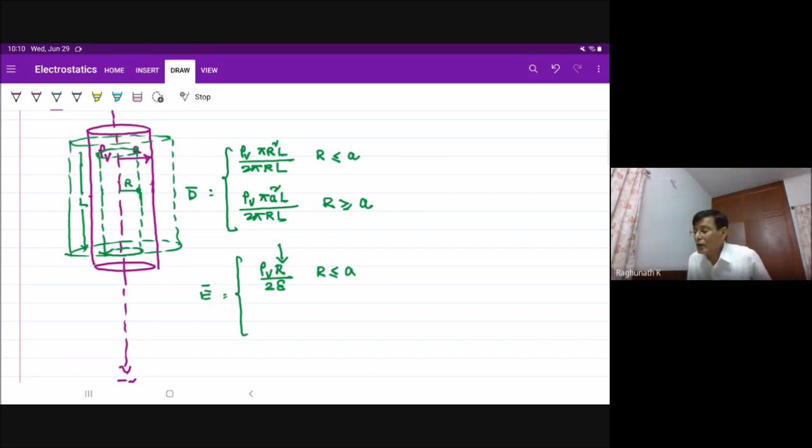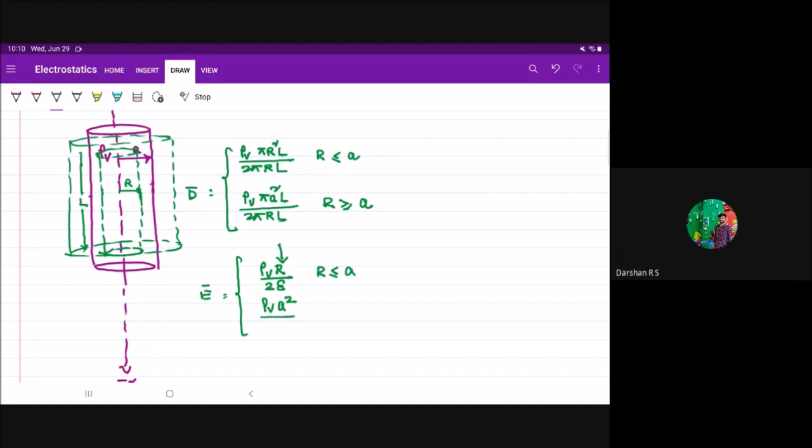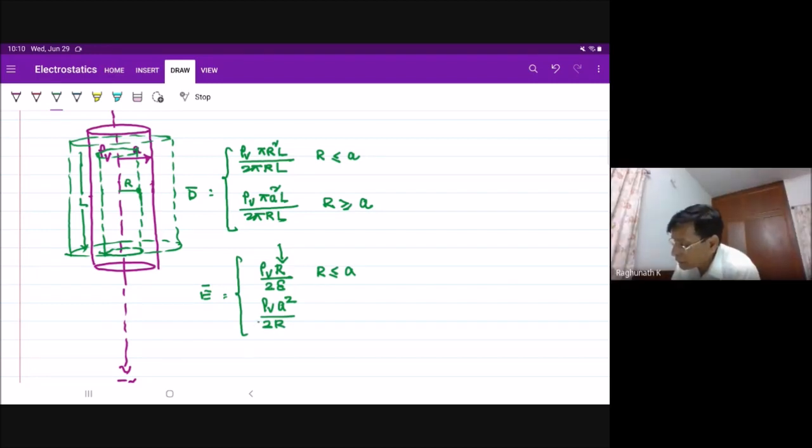Then rho v a squared by 2 epsilon r for r greater than or equal to a. When I write less than or equal to and greater than or equal to, at a both should give me the same answer. At r equal to a, it is rho v a by 2 epsilon in both cases.